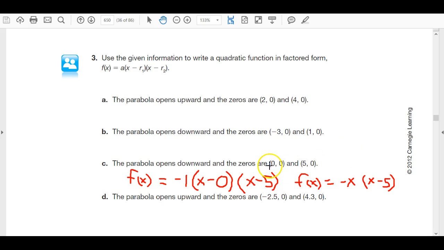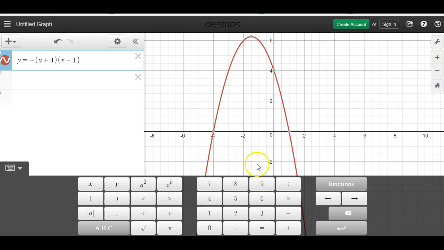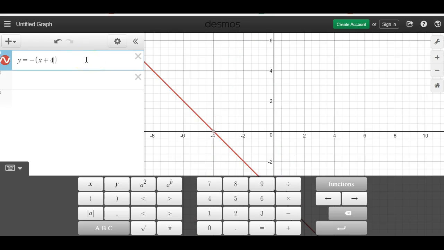Well, let's plot this and see what this looks like. Negative x times x minus 5. Let's see if I can get my computer to catch up.